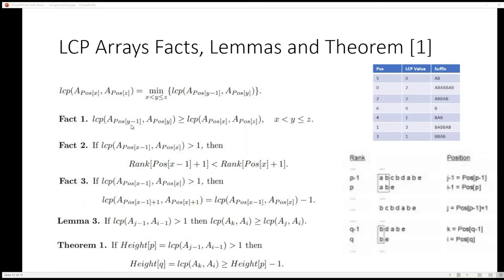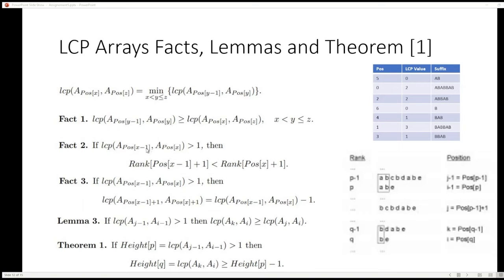So here the LCP between y minus 1 and y will be greater than the LCP between any two suffixes that surround them. So x should be less than y and z should be greater than y.